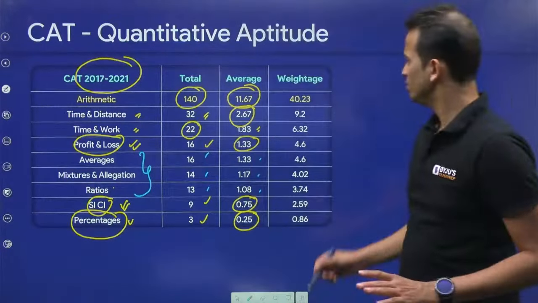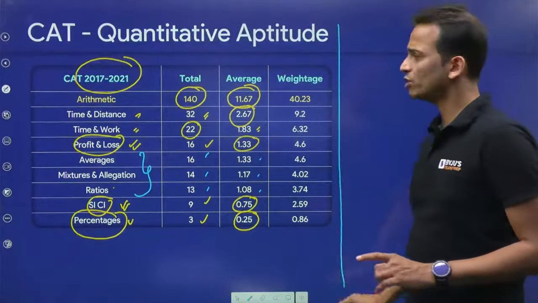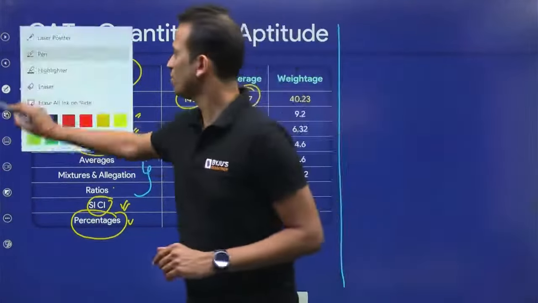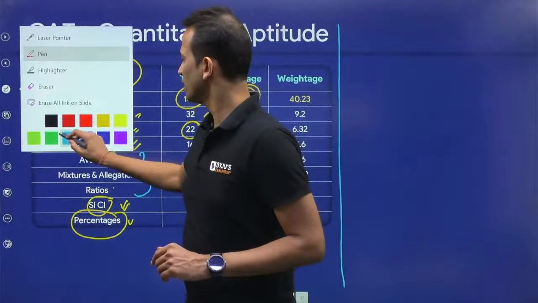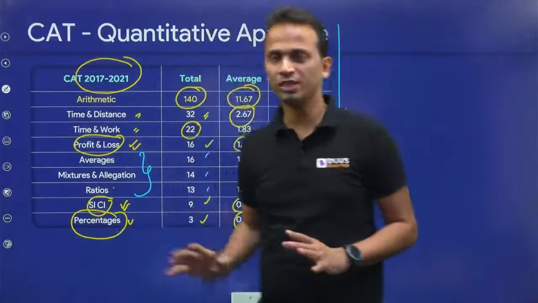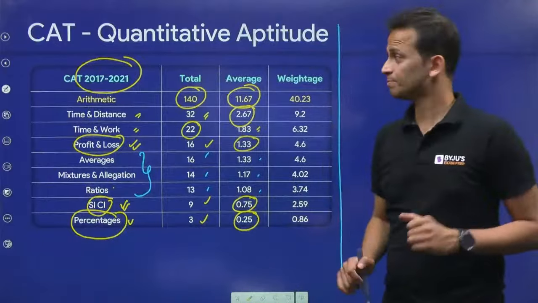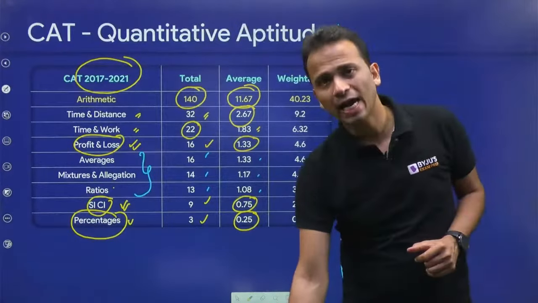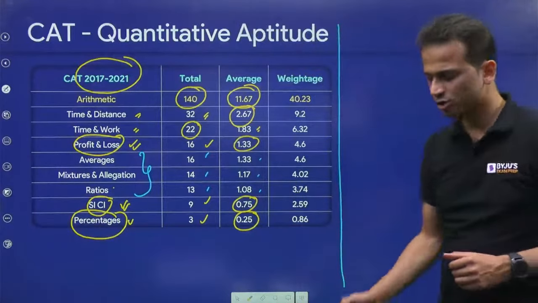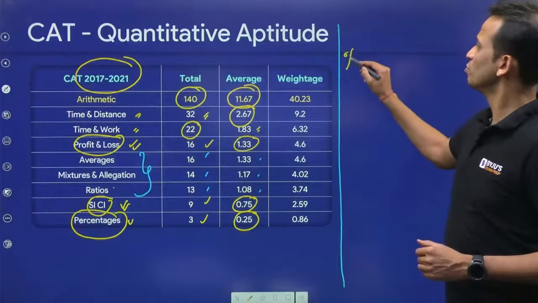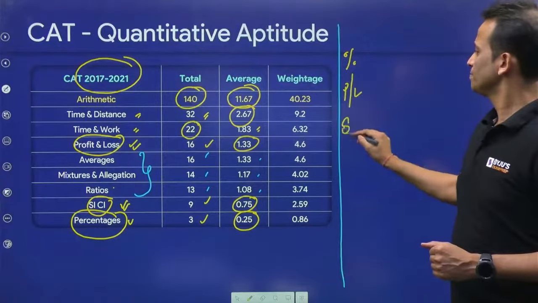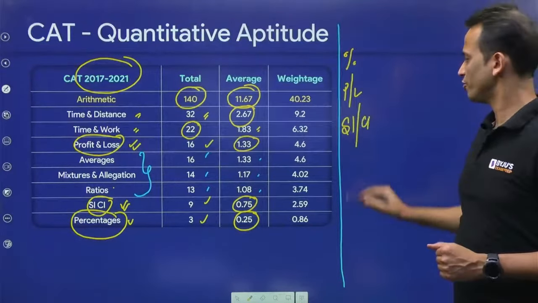Now if I talk about what happened in the last year, I am making a small table for the areas of arithmetic only. One by one I'll be giving you the number of questions from each of these areas in the last year. Starting from percentages and its applications: percentages, profit and loss, simple interest and compound interest.